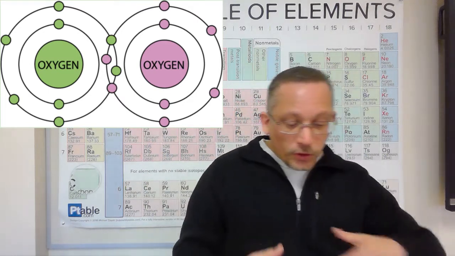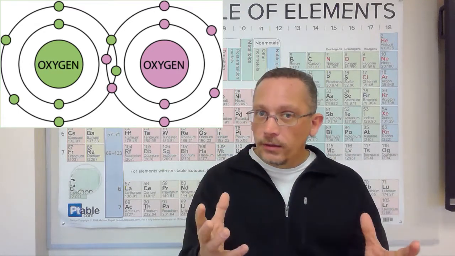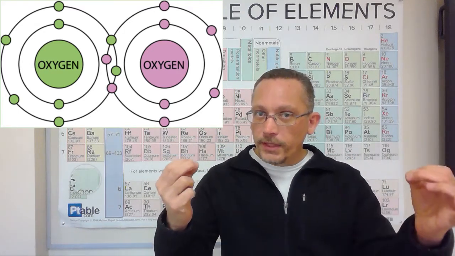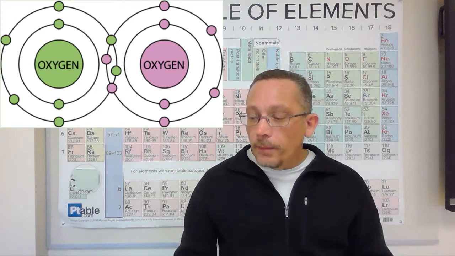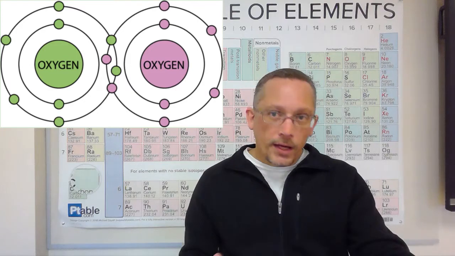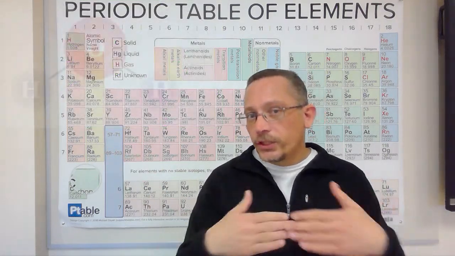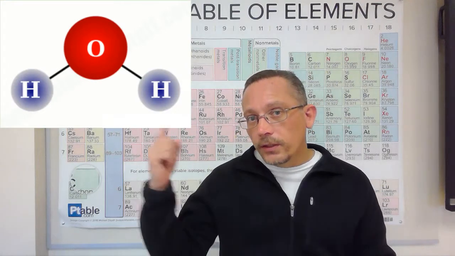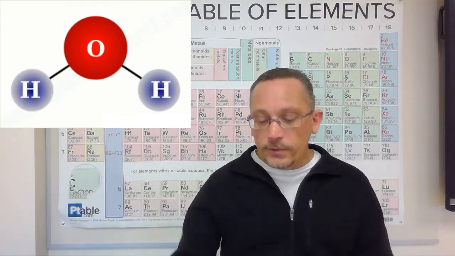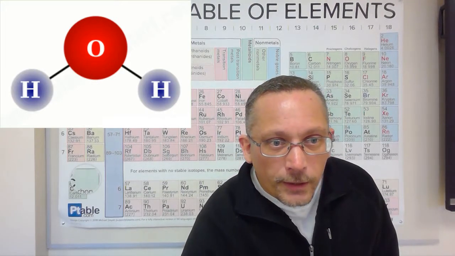So you're never sharing just 1 electron. They always share a pair of electrons, 1 from each atom, right? Each shared pair of electrons is called a covalent bond. And oftentimes we will represent a covalent bond, a shared pair of electrons, with a little line between the 2 atoms. So hopefully you can see that in the graphic up there.